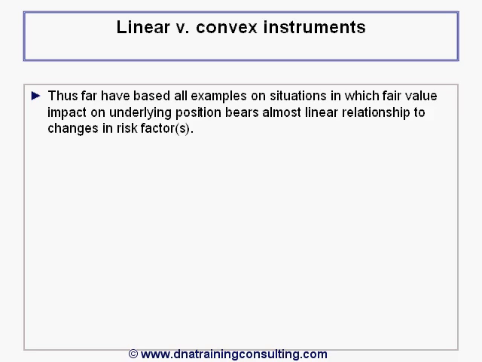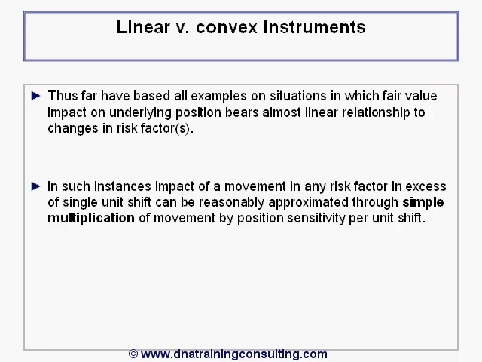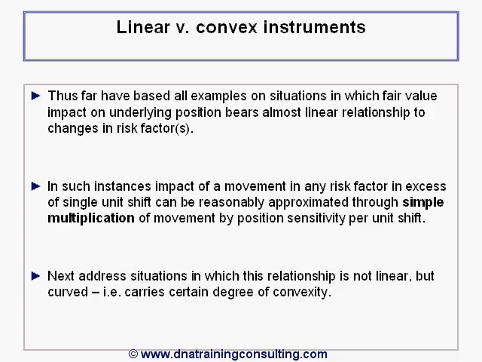In such instances, the impact of a movement in any risk factor in excess of a single unit shift can be reasonably approximated through simple multiplication of the movement by the position sensitivity per unit shift. We now address situations in which this relationship is not linear, but rather is curved, i.e. carries a certain degree of convexity.